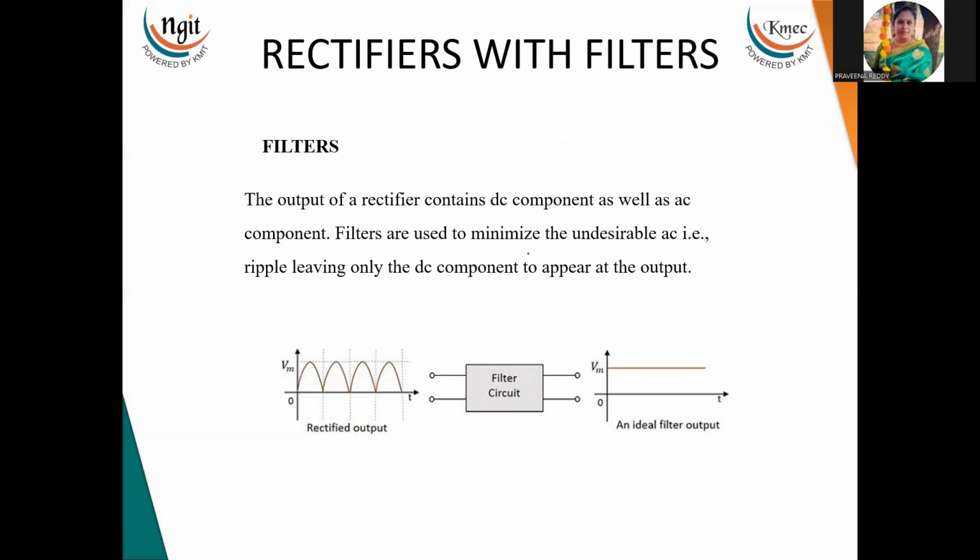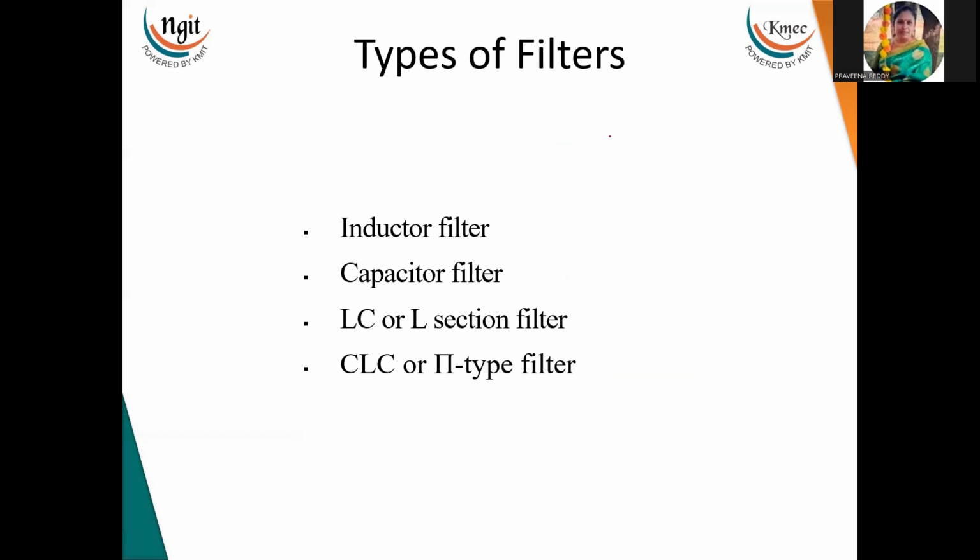For these filters, we are using the L and C components. These are the different types of filters. One is the inductor filter, another the capacitor filter. In the inductor filter, we are using an inductor to filter the AC component, and in the capacitor filter, only a capacitor to remove the AC component.